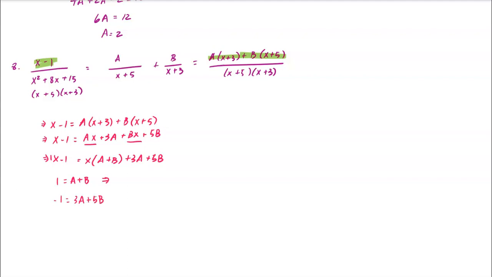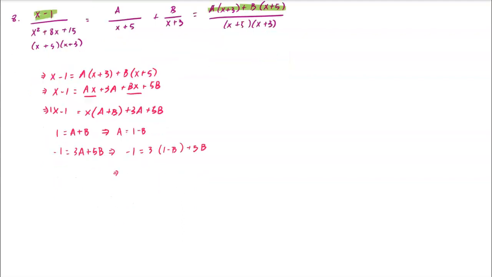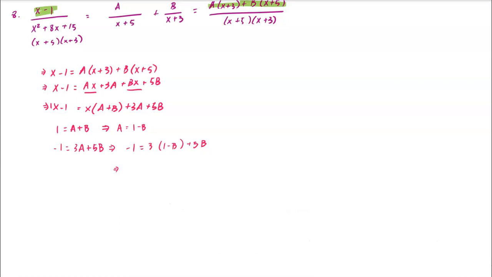So therefore that implies that a equals 1 minus b. Do I want to do that? Okay, why not? And so we're going to substitute. That implies negative 1 equals 3 times 1 minus b plus 5b, which implies that negative 1 equals 3 minus 3b plus 5b.